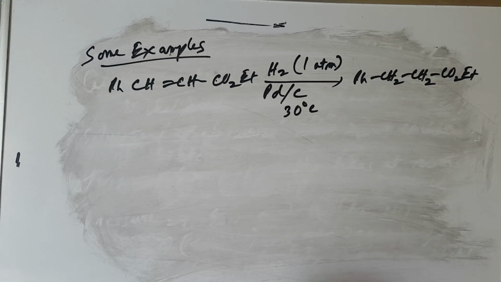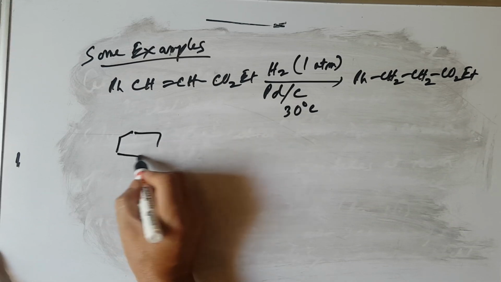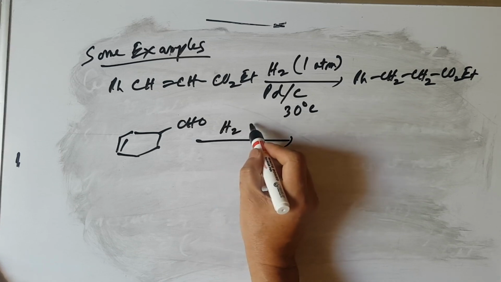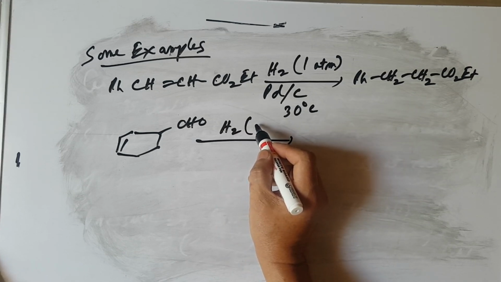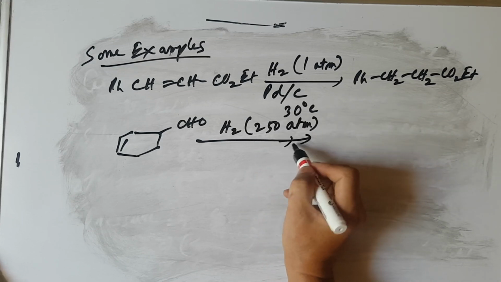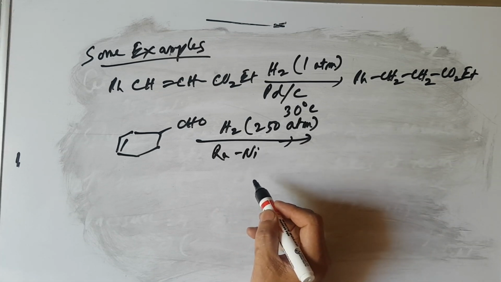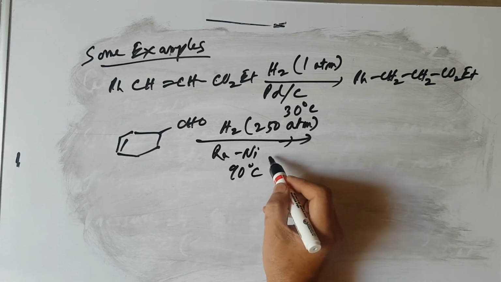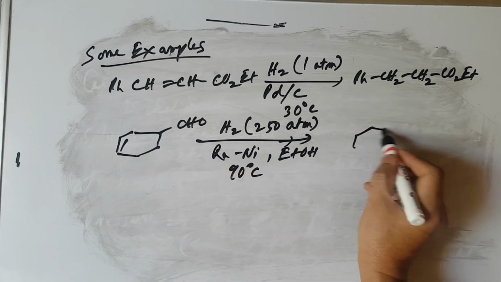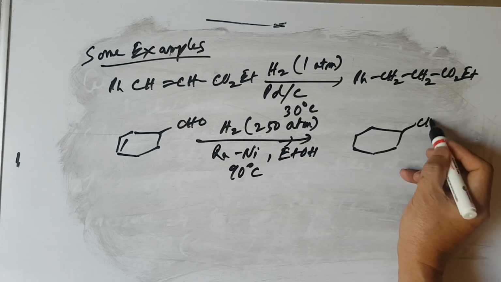If you use Raney nickel, then you can have high pressure. Even for this one, hydrogen at around 100 to 250 atmospheres, Raney nickel, and heat around 90 degrees Celsius, in presence of solvent ethanol, you can get the product like this.